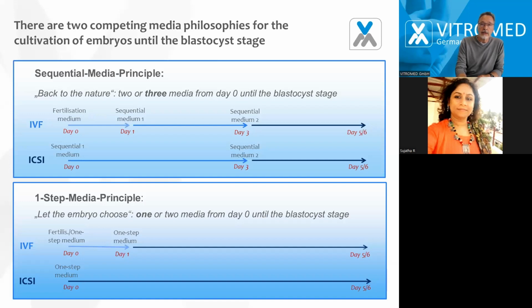For this, you need 2 or 3 media from day 0 until blastocyst stage. It means you have to change the medium at day 1 for IVF. You have to do this with every medium, no matter which one you use, to get rid of the cumulus cells. And you also need a second sequential medium that you put the cells in at day 3, and then you can let them develop until day 5 or 6.